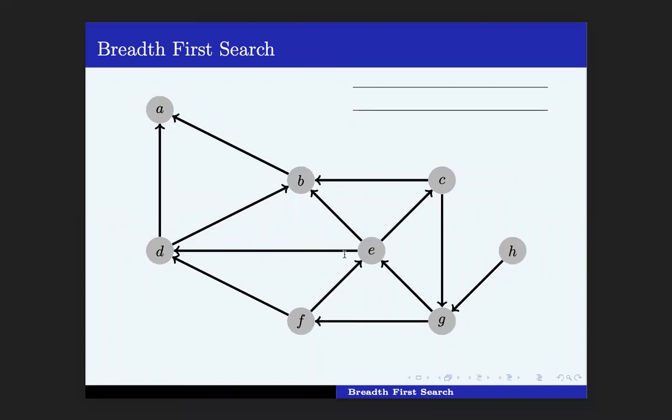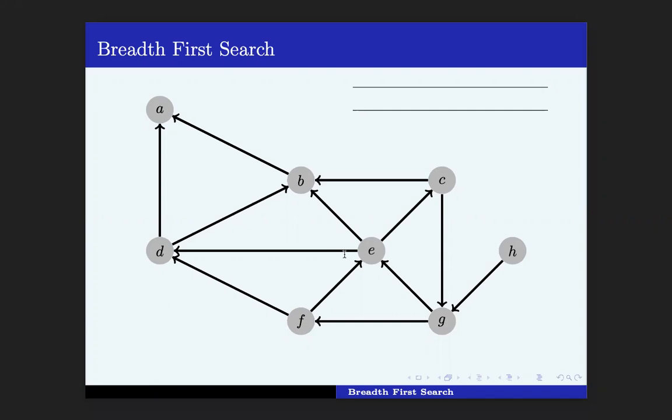Sir, why have you classified it as an algorithm for producing a spanning tree? Those are equivalent. You can produce a spanning tree because you are going along the edges along which you find a vertex for the first time. Those edges will form a tree. Why?